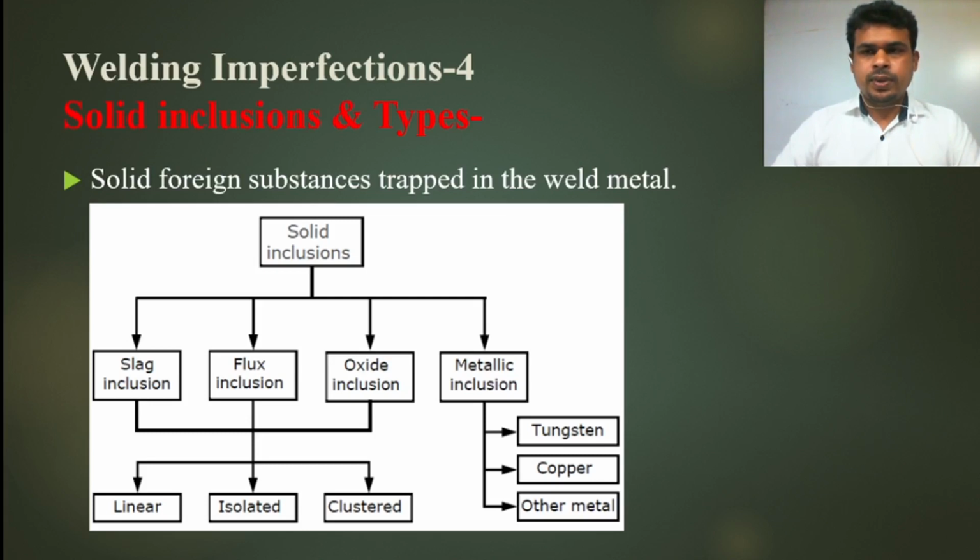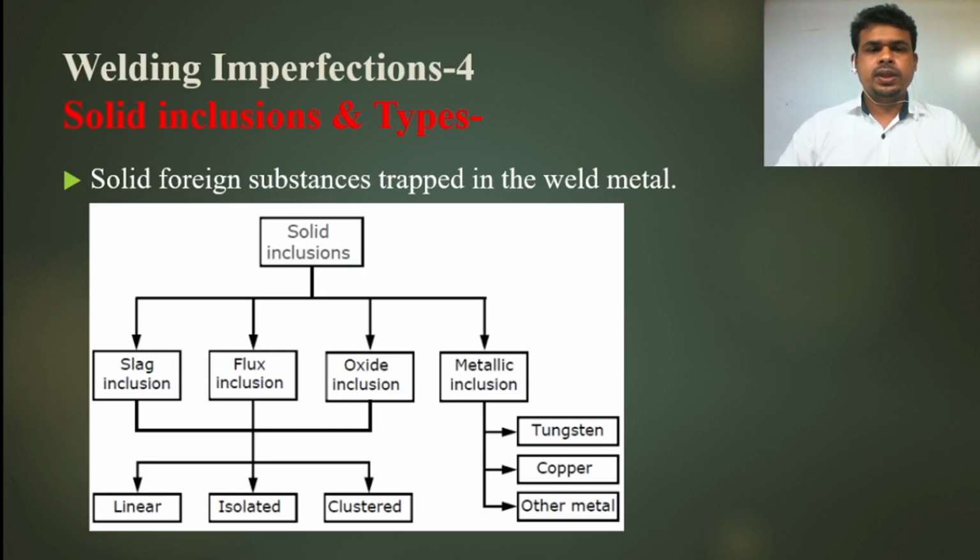So what are the types of solid inclusion? There are many types. Number 1, slag inclusion, then flux inclusion, oxide inclusion and metallic inclusion. If we see these things inside the welding metal, we can say this is an inclusion or solid inclusion.